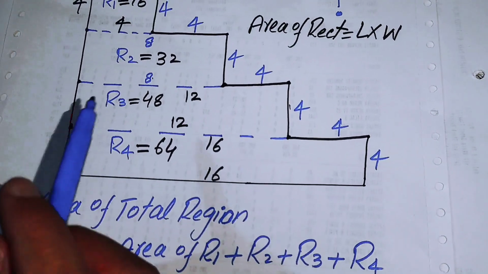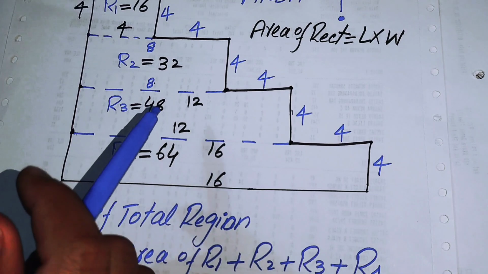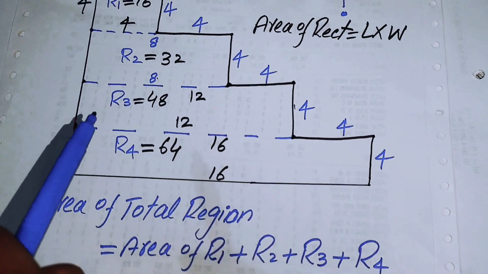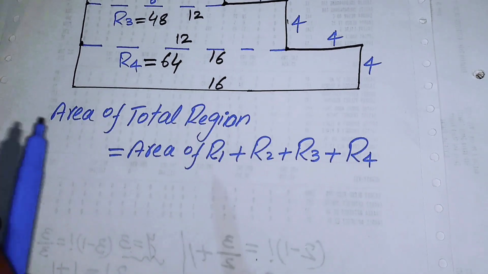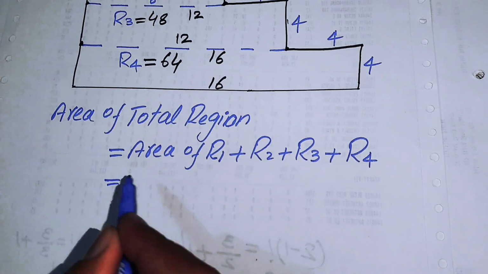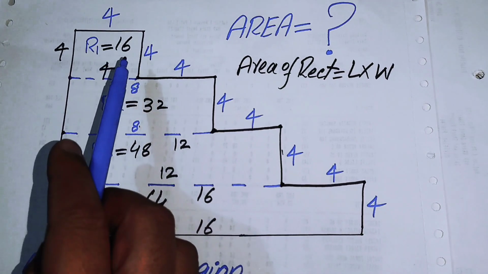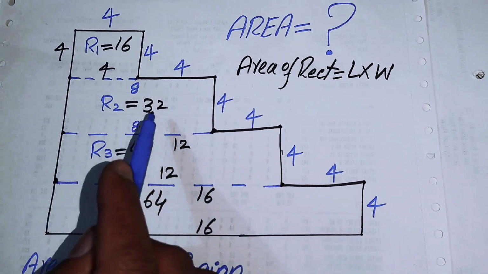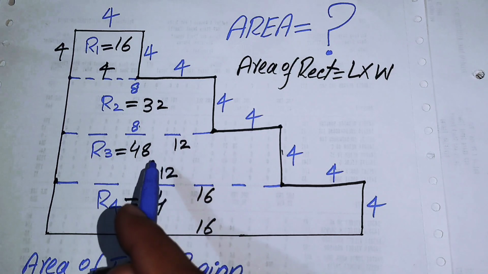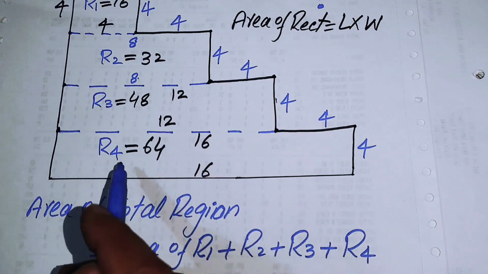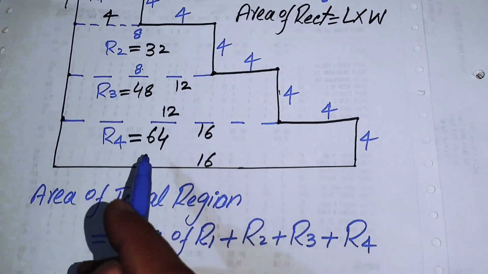The area of region 1 is 16, area of region 2 is 32, area of region 3 is 48, and area of region 4 is 64.